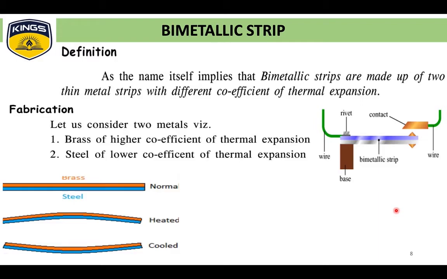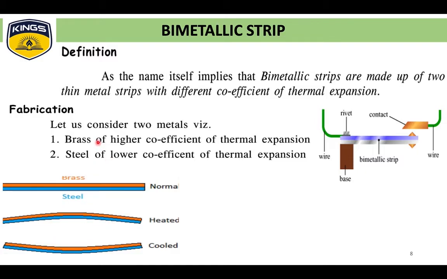Actually what happens is, if we heat any metal, it expands. This expansion level depends on the thermal coefficient. So brass and steel are joined here. After heating, it bends like this. Why does this happen?